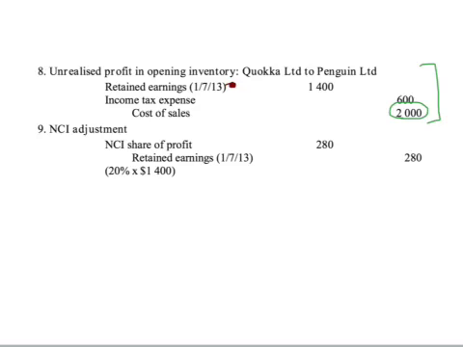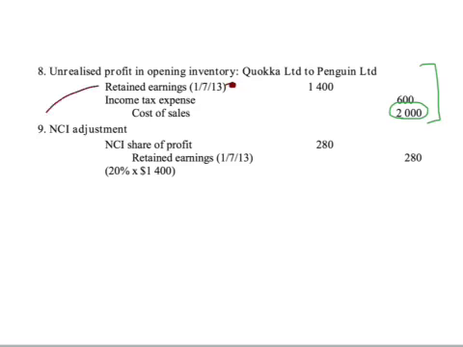So the effect of that adjustment against the opening retained earnings is that retained earnings is going to reduce with that entry. So because the retained earnings reduces, the NCI share in retained earnings should be less. So the NCI adjustments that we pass really just reflect that movement in the equity of the subsidiary.